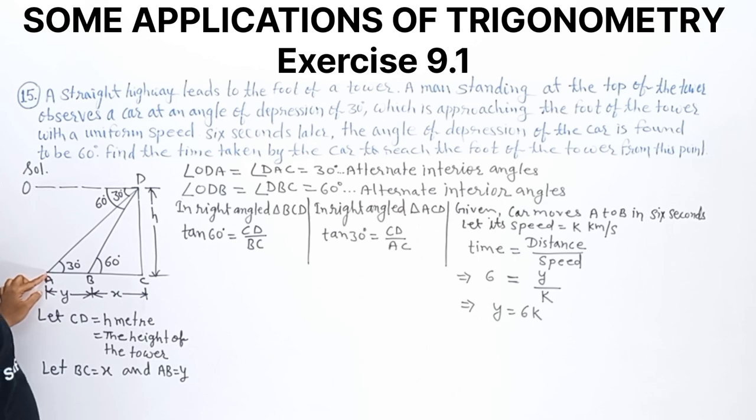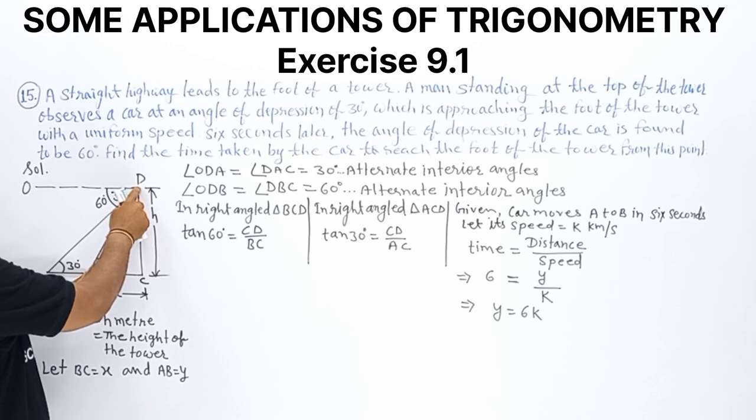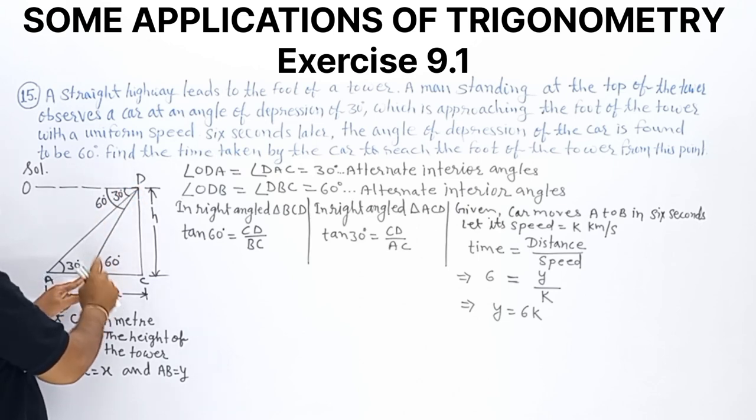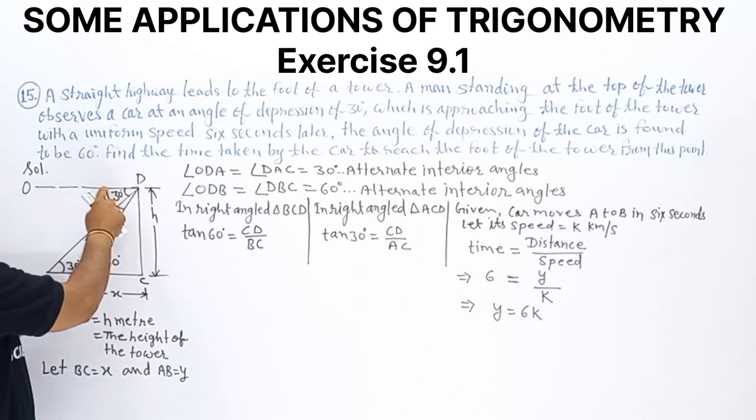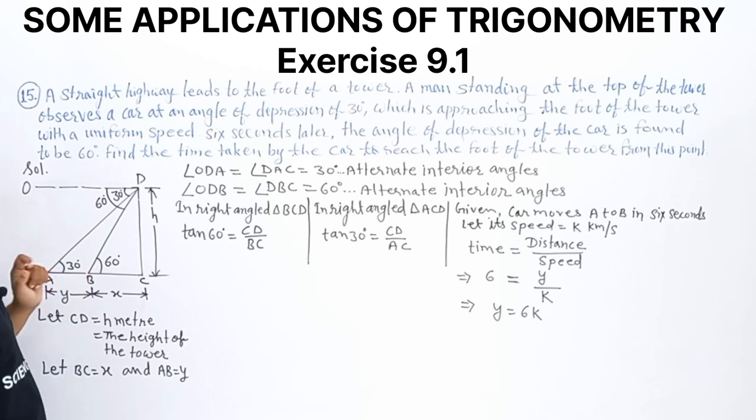After 6 seconds, the car moving towards the foot of the tower reaches this point, and the angle of depression from this point is 60 degrees. Clear? Find the time taken by the car to reach the foot of the tower from this point.